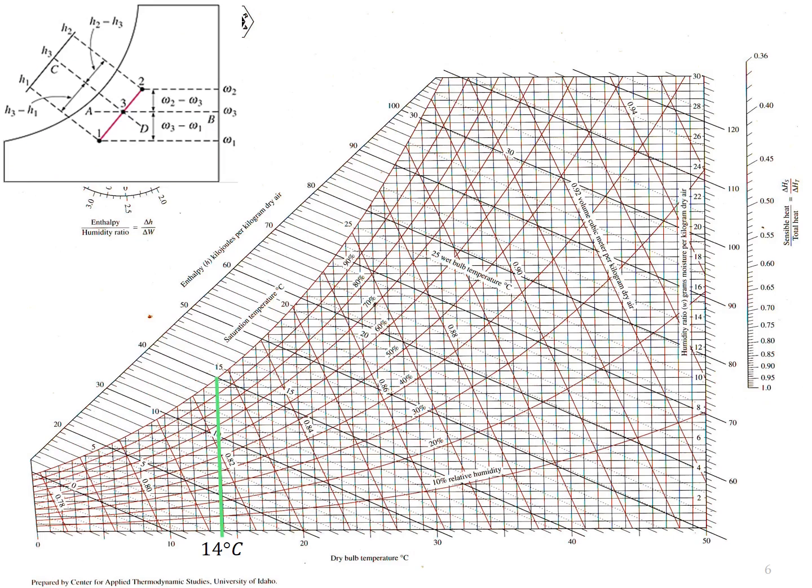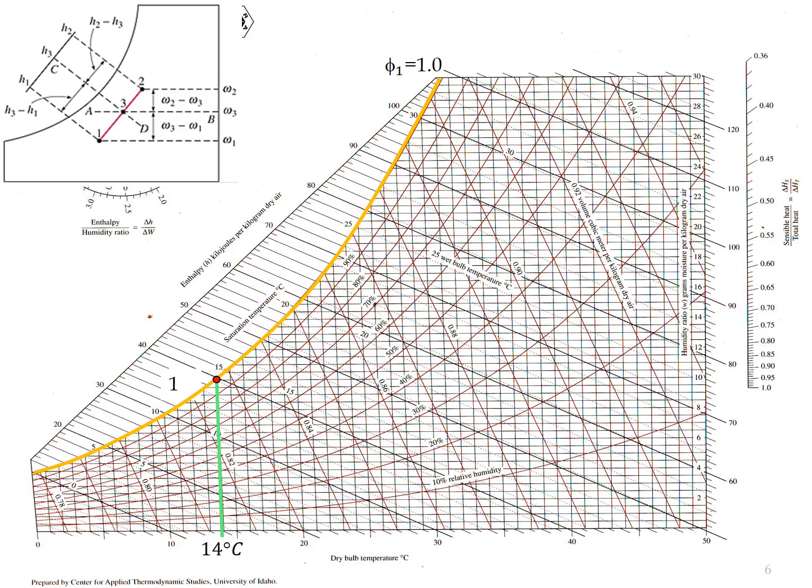For state number 1 we have the dry bulb temperature T1 equal to 14 degrees Celsius, and we have the second piece of information, that the air is saturated, so the relative humidity for state number 1 is psi 1 equal to 100% or 1.0. So we will have the first intersection point that represents state number 1.